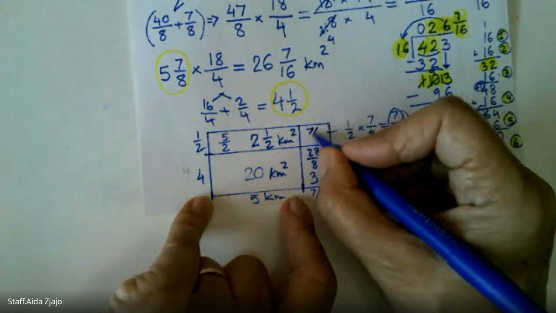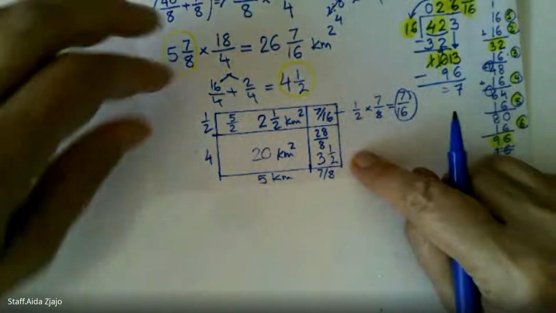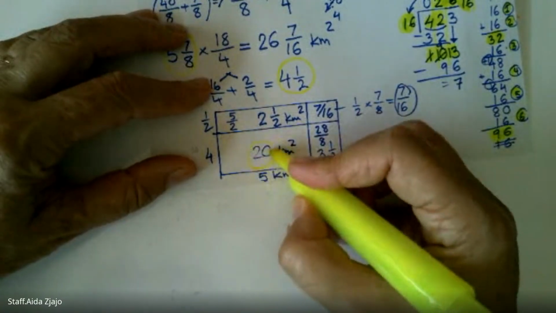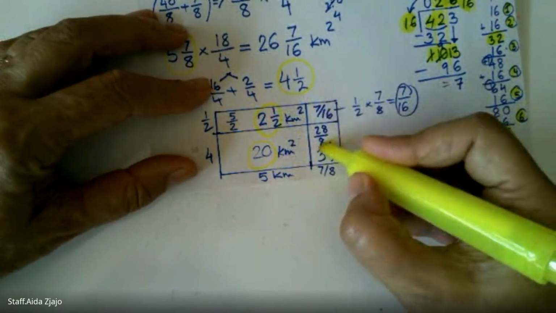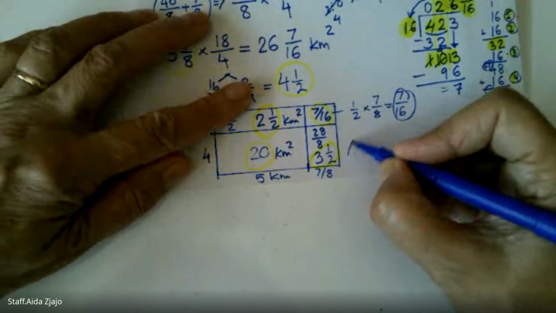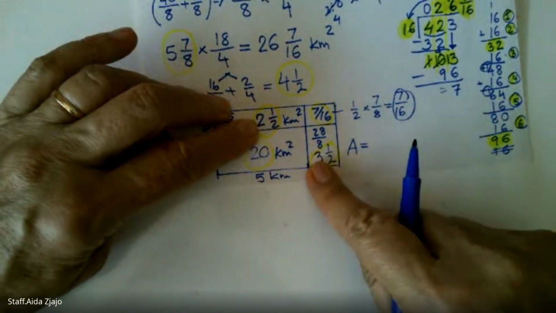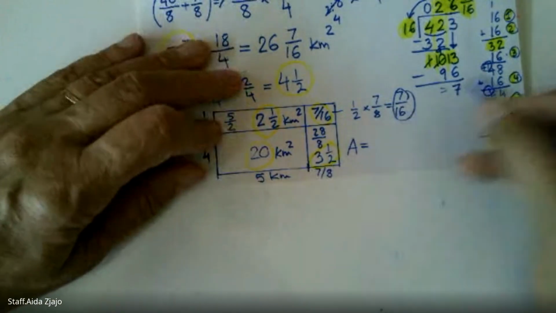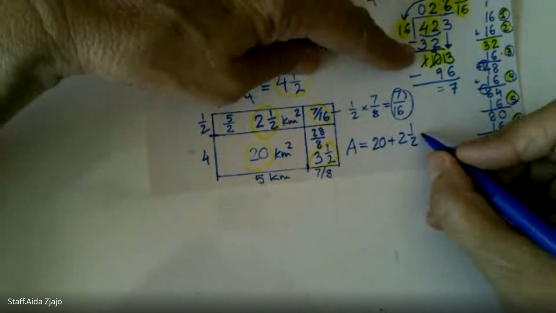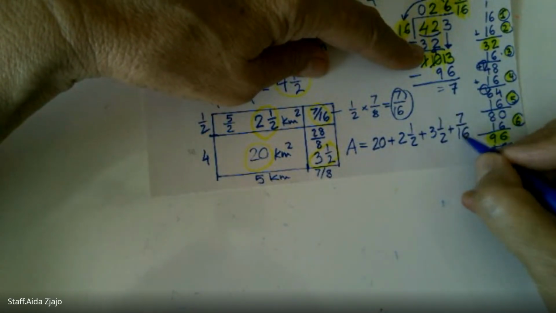This is 7/16. So when you look at all that together, you have 20 and 2 1/2 and 3 1/2 and 7/16. So area equals 20 plus 2 1/2 plus 3 1/2 plus 7/16.